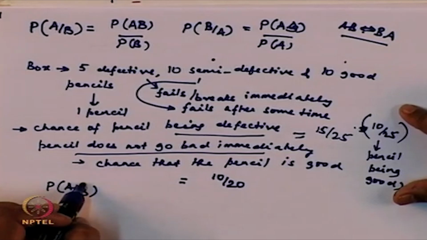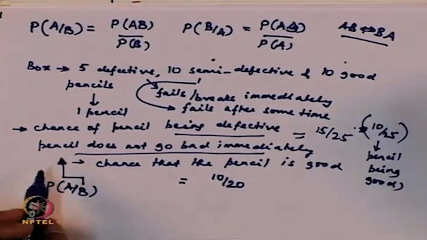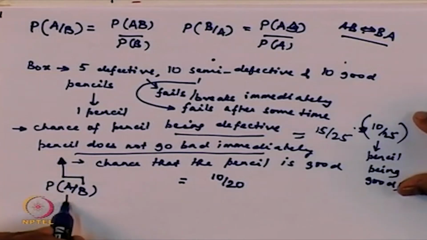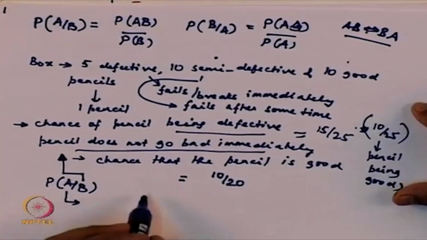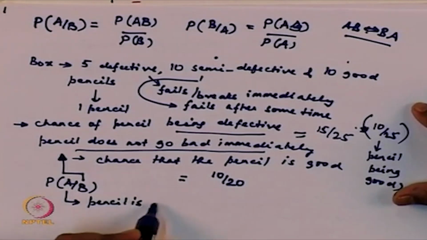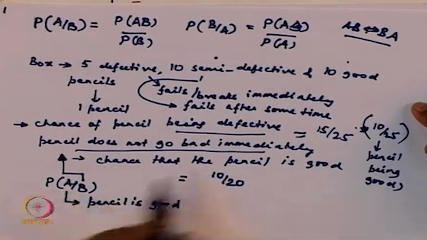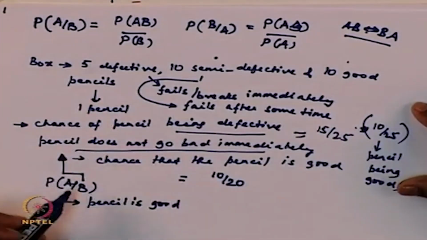This clause B is the event that the pencil does not go bad immediately, and A is the pencil chosen being good. So, probability of A is 10 by 25, but probability of A given B is probability of AB by probability of B.